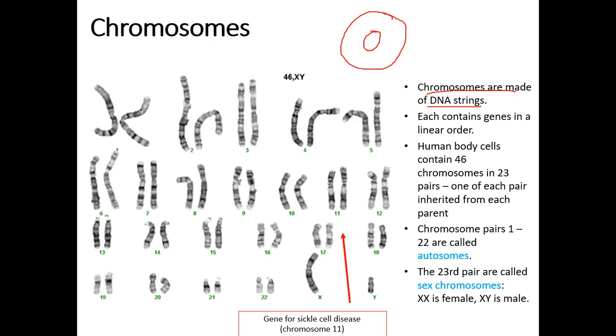You know these genes are packed together like spirals. You know spiral, isn't it? This is a spiral. These genes are packed together, one after the other, and build up these chromosomes. So each contains genes in linear order, one after the other, like this.